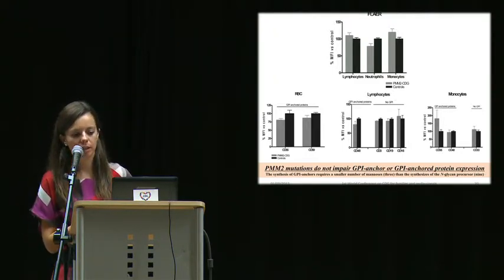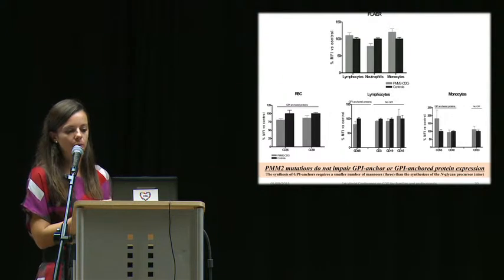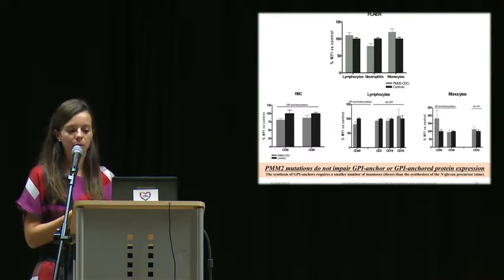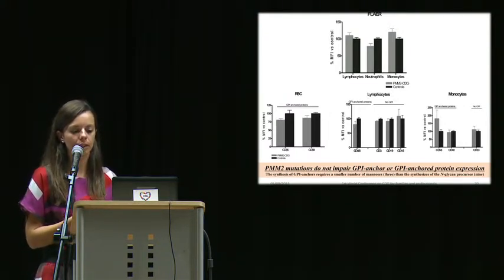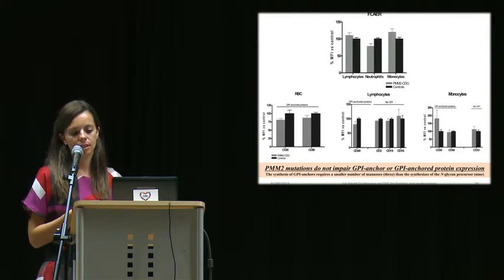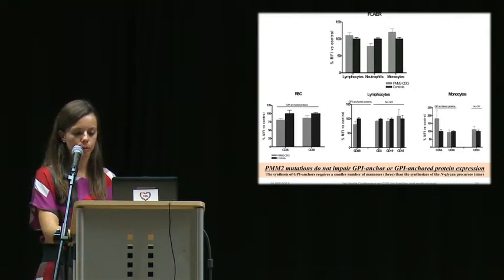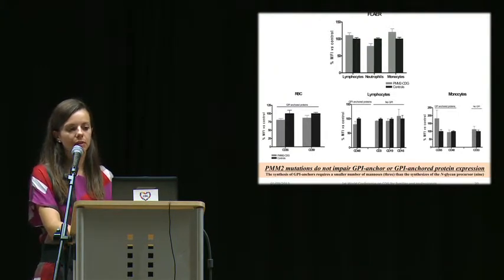Maybe, we don't know exactly why, but maybe it's because the requirement for the number of mannoses is smaller than that for the synthesis of the N-glycan precursor. So we can say that PMM2 mutations do not impair the GPI anchor or GPI anchor protein expression.